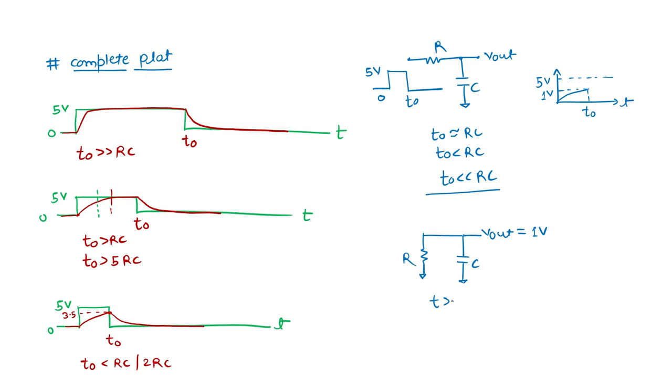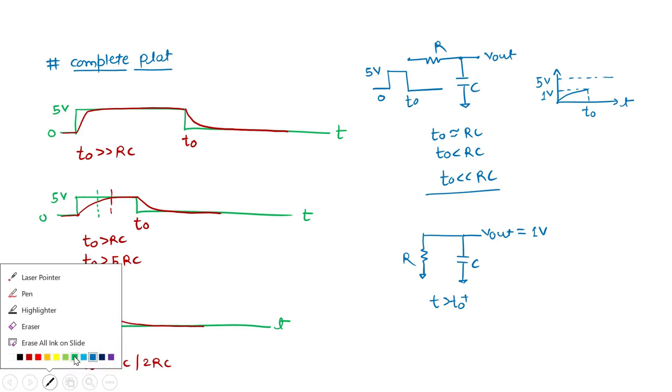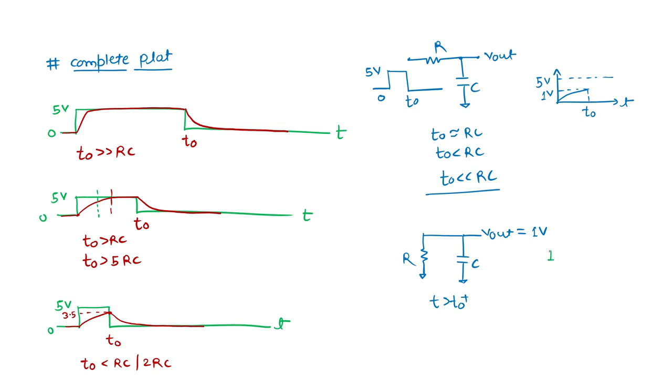So what should be the initial current? This is the circuit for T equal to T naught 0 positive. What is the initial current at that particular instant? I want to consider IC always in this direction, so let this be IR. IC at this instant of T naught 0 positive equals minus IR, which is minus 1 by R. So what is the slope actually?